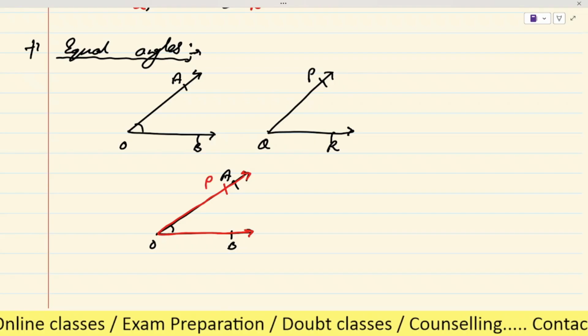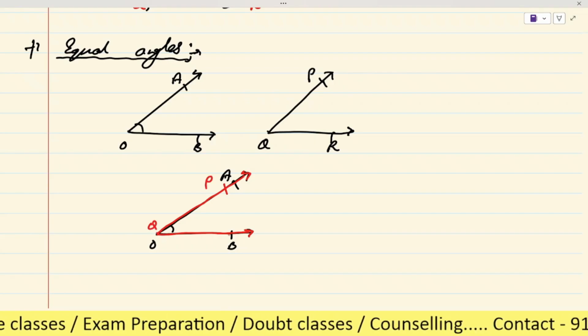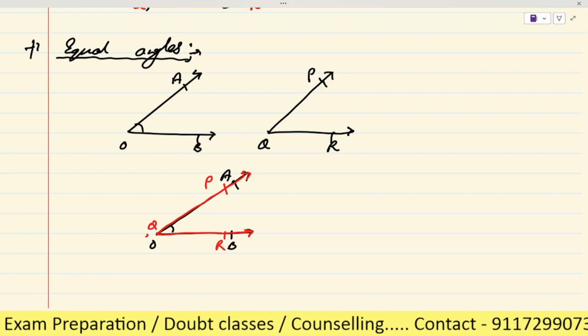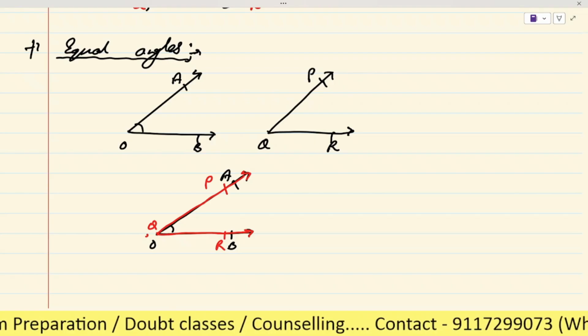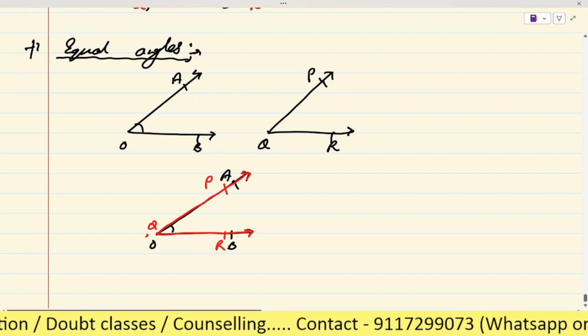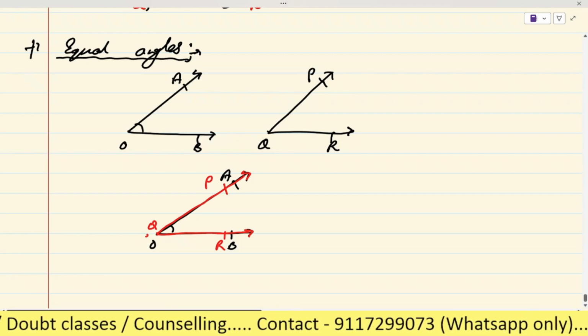Here it's P, Q and R. The vertices overlap, as well as the arms.